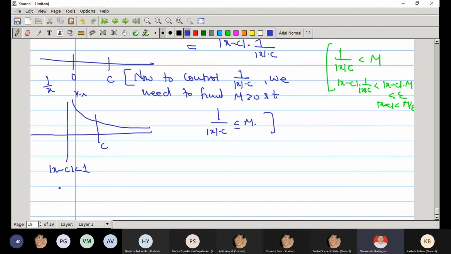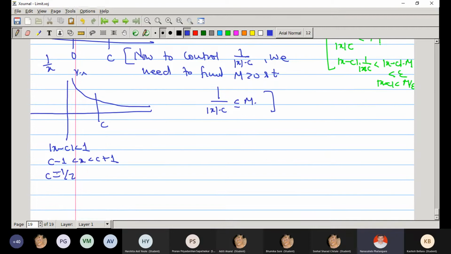Then what happens? c minus 1 is less than x less than c plus 1. Suppose my c is 1 by 2. What will happen? Then minus half is less than x less than 3 by 2. Is it correct?